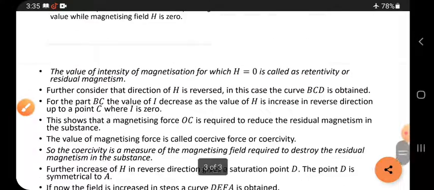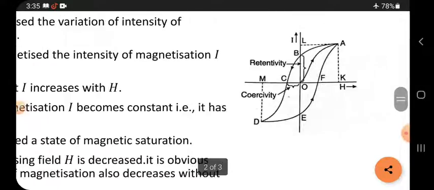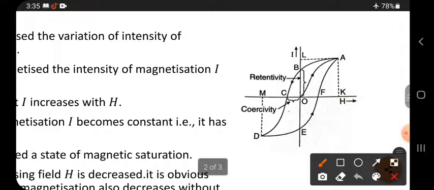So see finally the BH curve once again. This is the final BH curve.